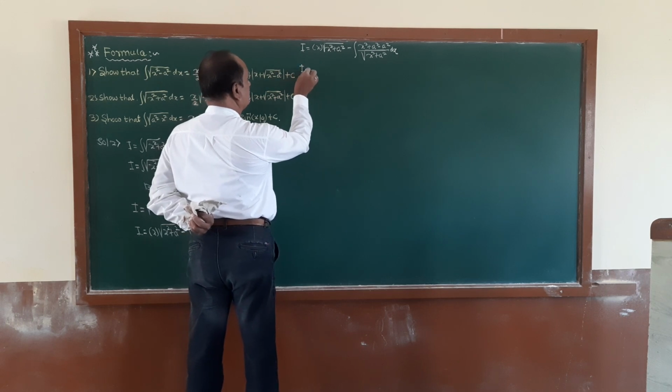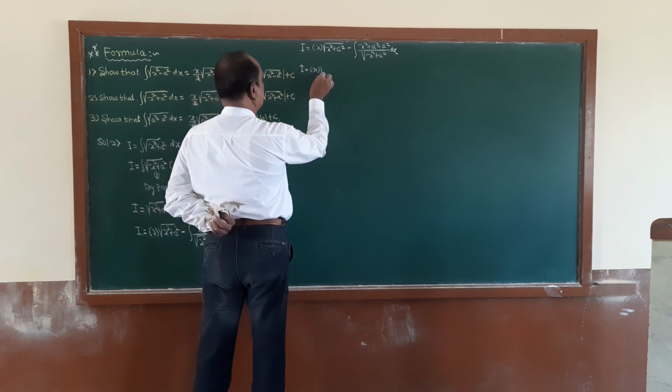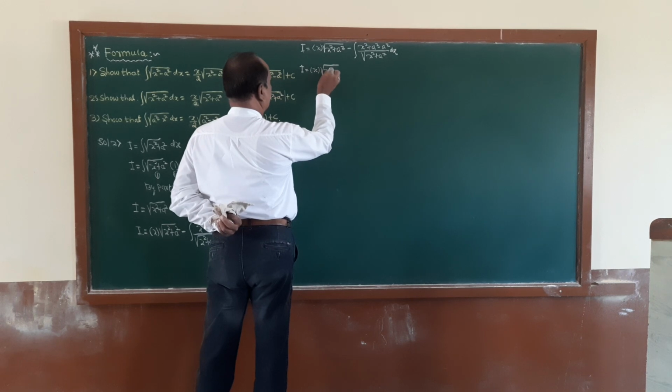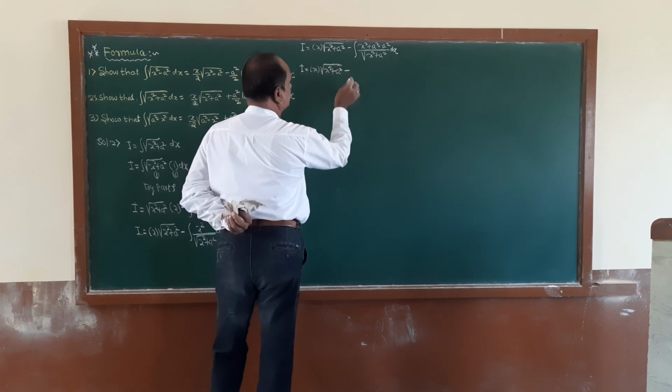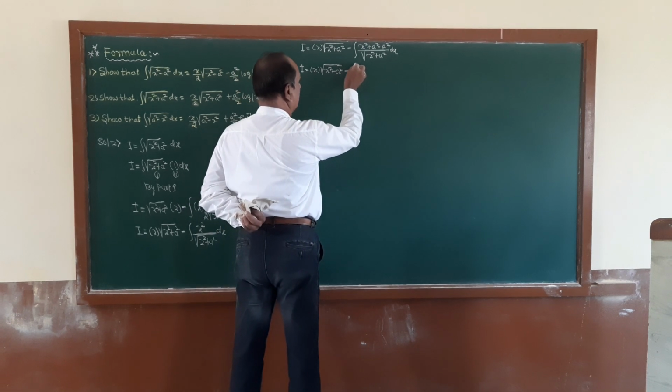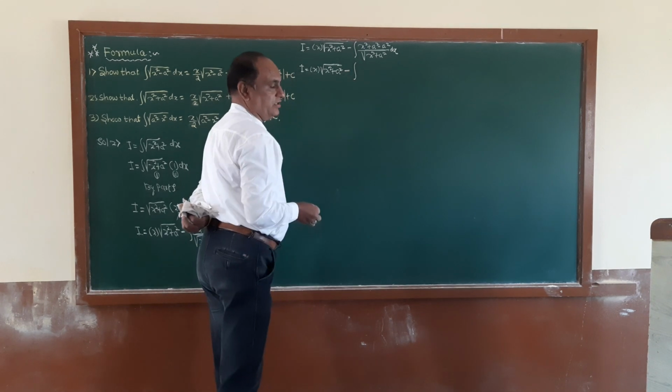I is equal to x as it is into the square root of x square plus a square, and then minus, inside the integral, minus under the integral sign.